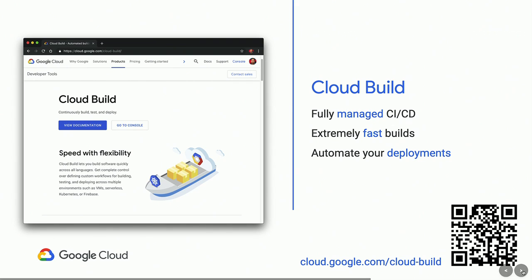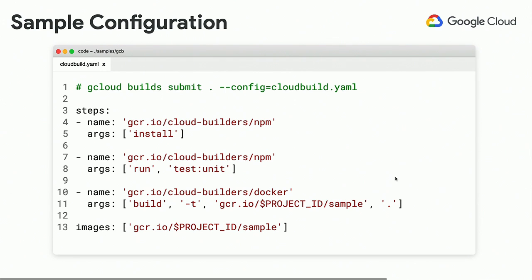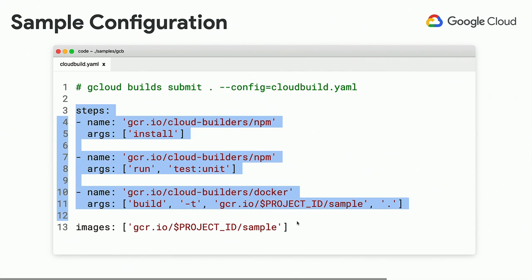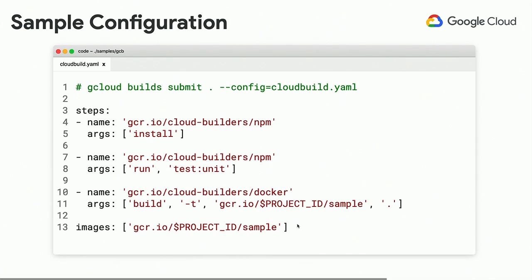So usually, to use Cloud Build, you end up submitting a Cloud Build YAML through the command line or through the UI. This is a typical command that you would run. gcloud build submit, and you give it a Cloud Build YAML. And this is the content of the Cloud Build YAML. This is a list of steps that are going to run on your code.